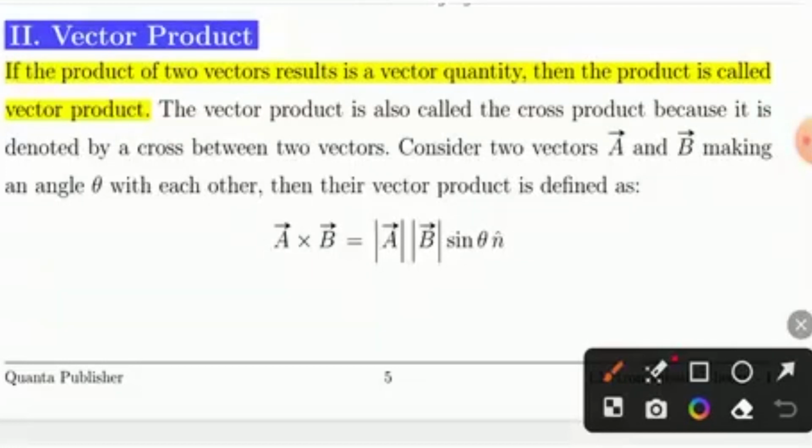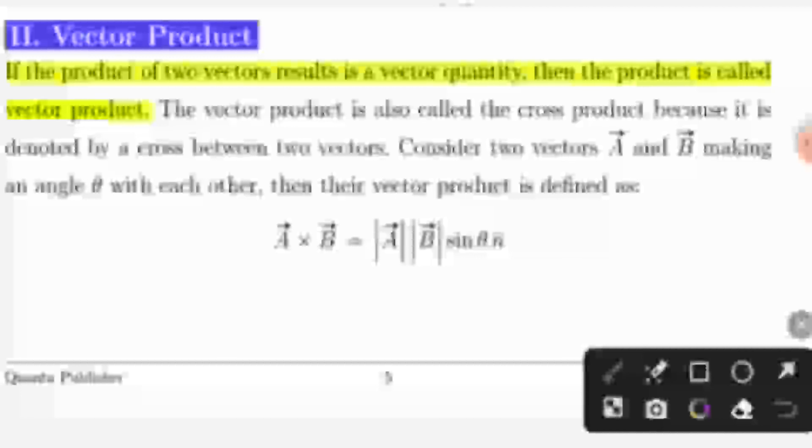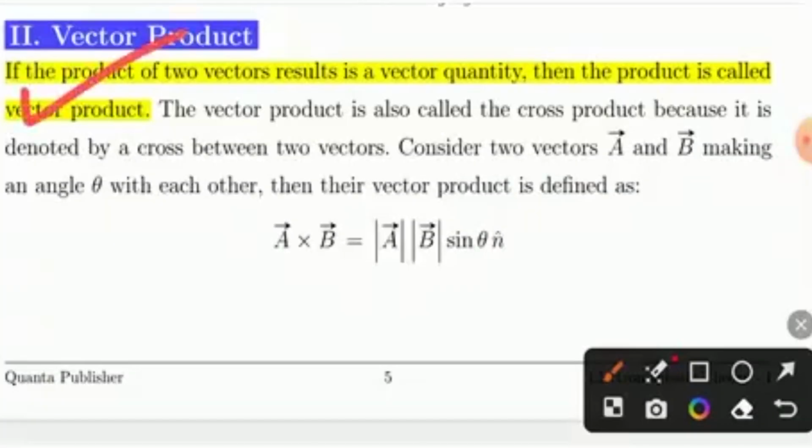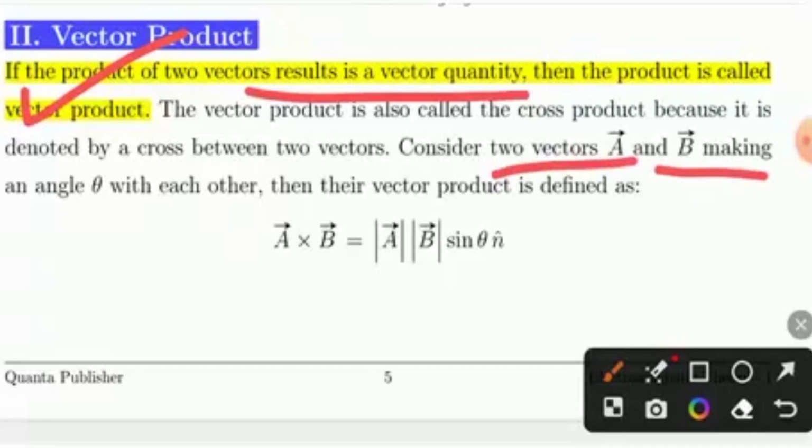But today we see that if the product of two vectors results in a vector quantity, then the product is called the vector product. Let us consider we have two vectors, vector A and vector B, making an angle theta with each other.